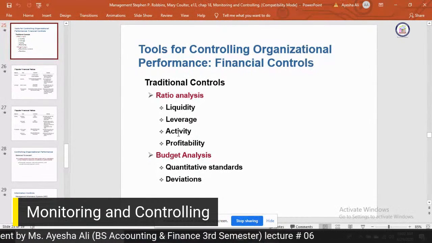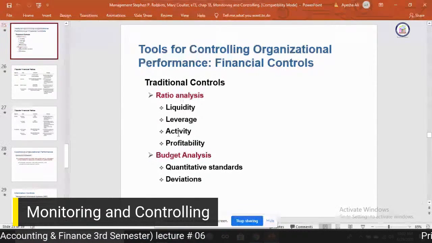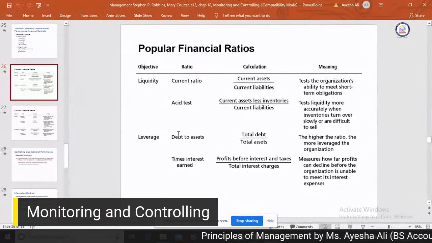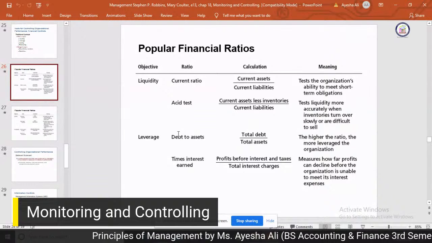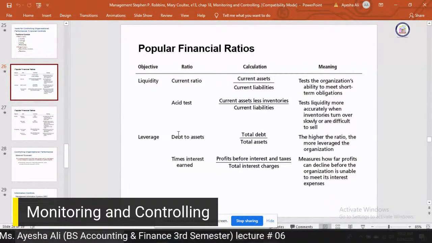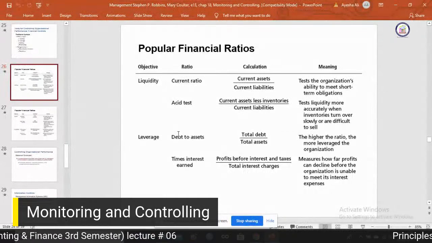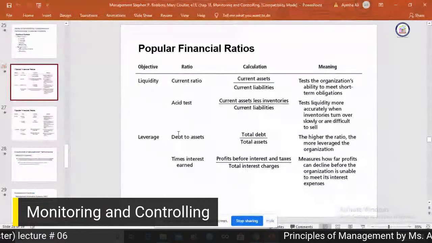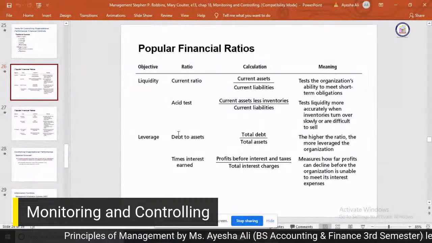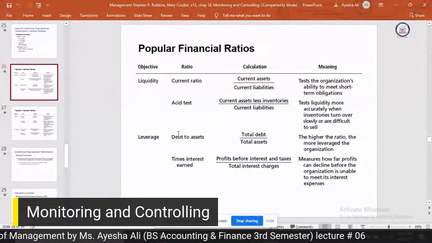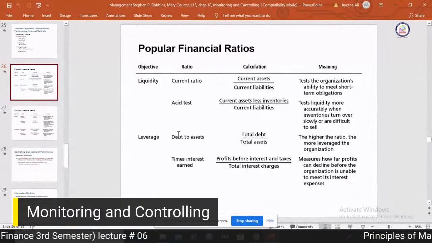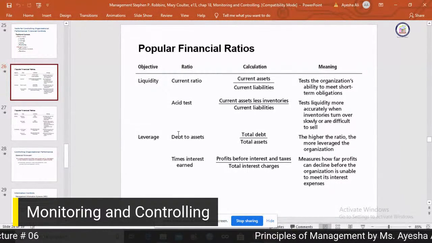Now, moving to the next slide, in which we have the formulas of the ratios, their purpose, and how to calculate them. The first one is liquidity. Basically, we take out the liquidity ratio because we want to know if the organization has the ability to meet its current liabilities or not.